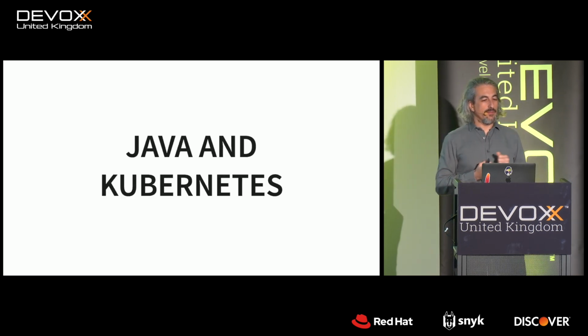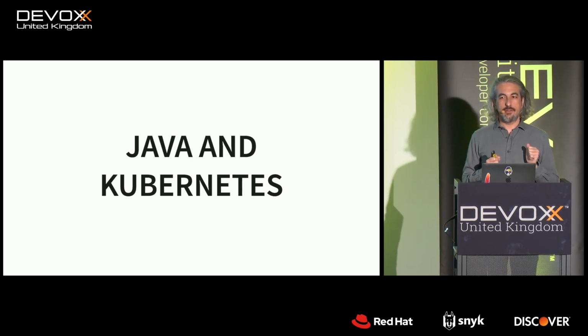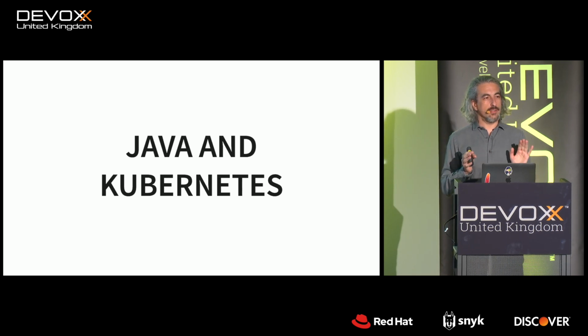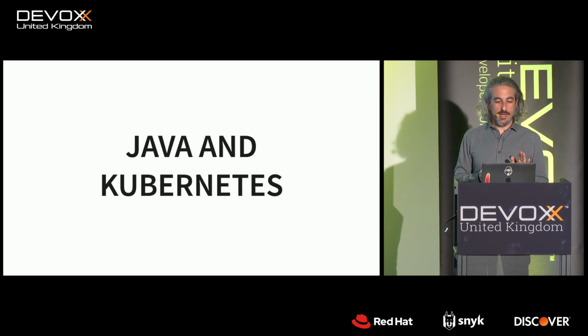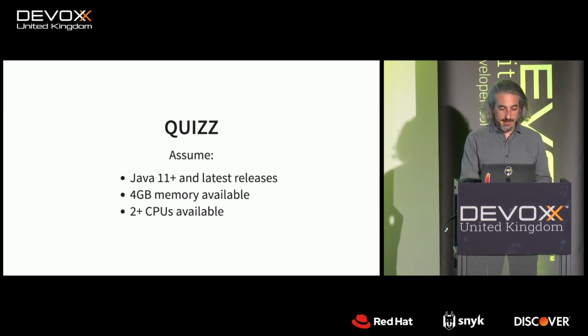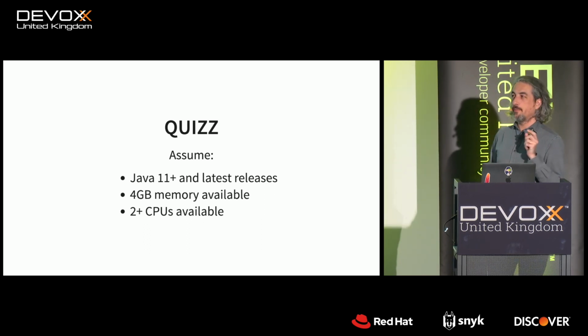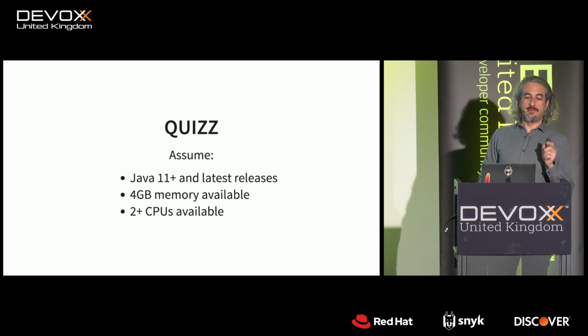Okay, so Java and Kubernetes. Are you ready? Do you have your phones ready? I'm going to do a quiz, and we'll see. There are no winners or losers, because this is a bit tricky. Let me start it. Before we start, it's important that you assume some things, and you'll know why later.